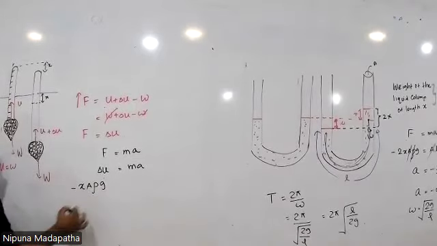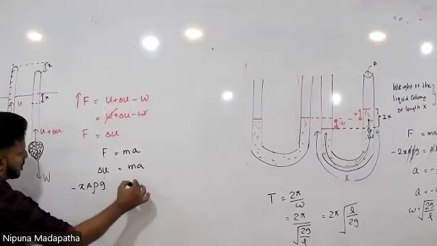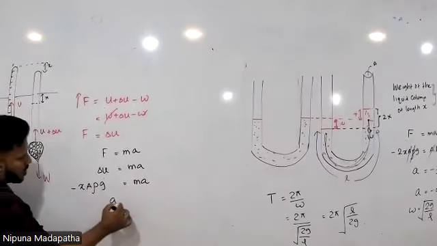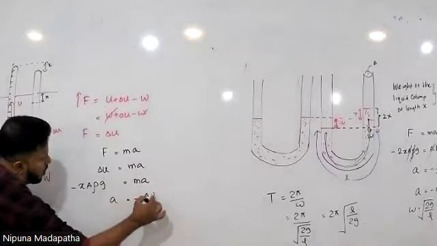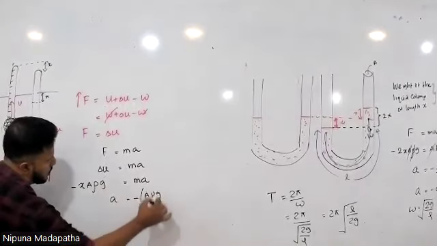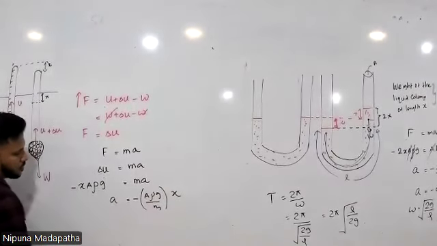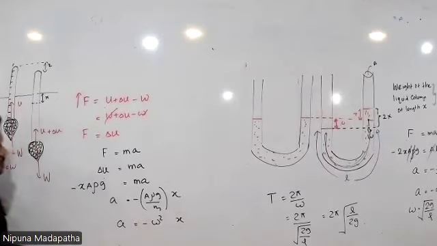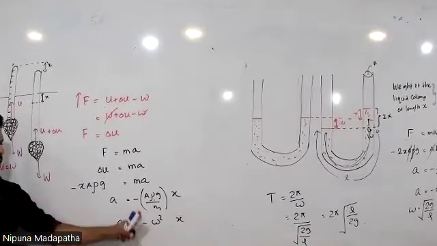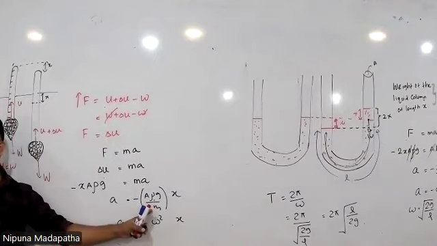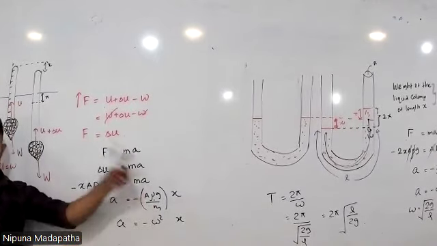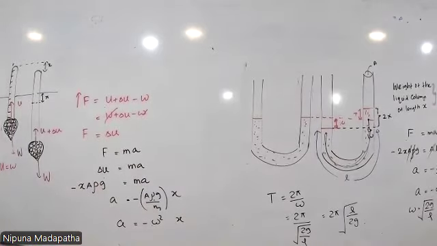We put a negative sign here also, since the acceleration is in the opposite direction. So acceleration is minus A rho g over m times x. This is the same expression as minus omega squared x, so omega squared is A rho g over m.